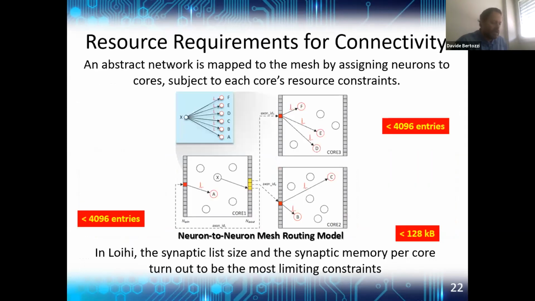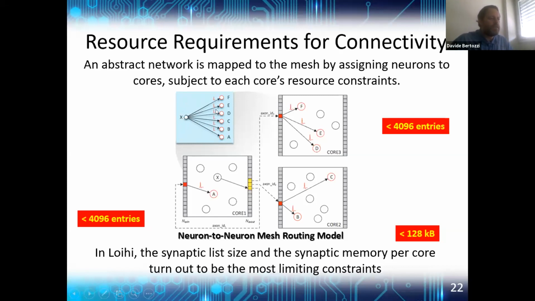Let's see now how a spiky neural network can be mapped to this architecture. This slide shows an example of a simple 7-neuron network mapped to 3 cores. You can see here a simplistic spiky neural network where one presynaptic neuron spikes to 7 different postsynaptic neurons.